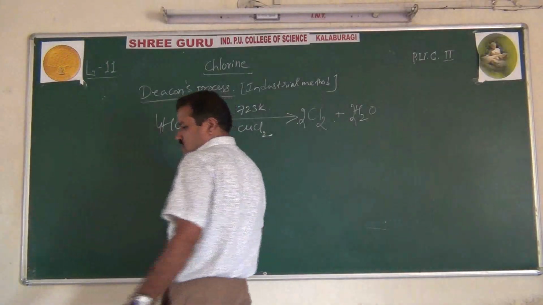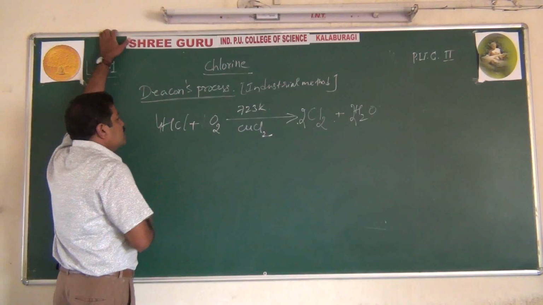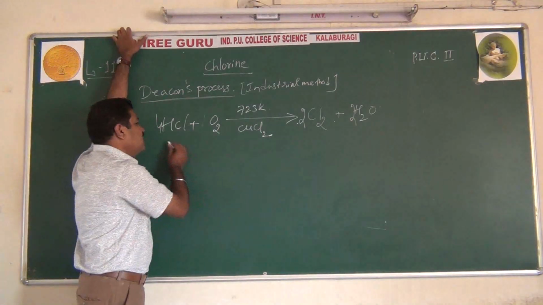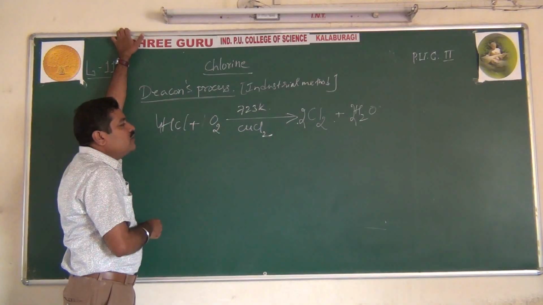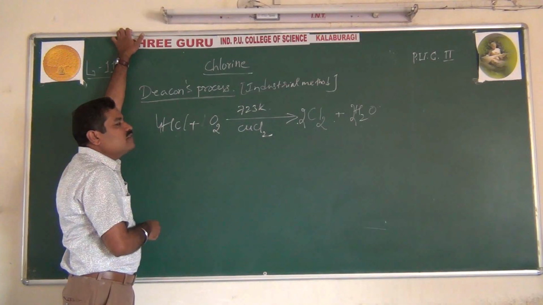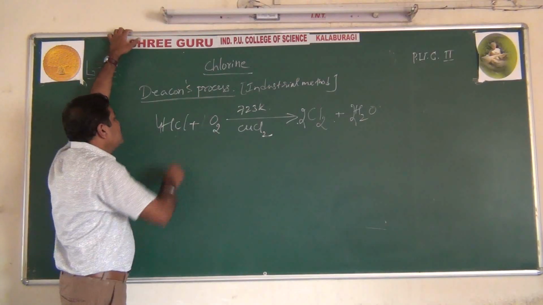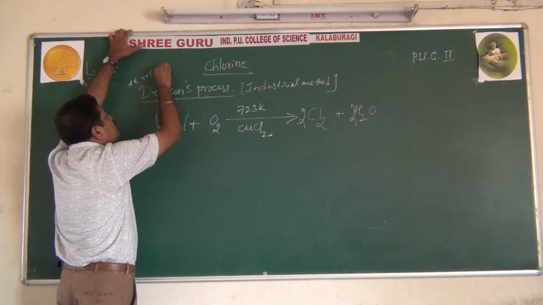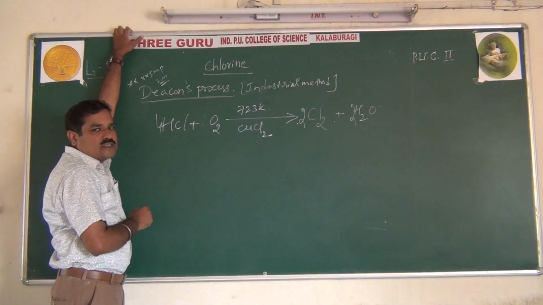This is how we can get that. So this is called Deacon's process. On a large scale, chlorine is produced by oxidation of hydrogen chloride with oxygen, heating to about 723 Kelvin temperature in the presence of copper chloride catalyst. Very, very important. Very important for 2 marks theory as well as for CET purpose.